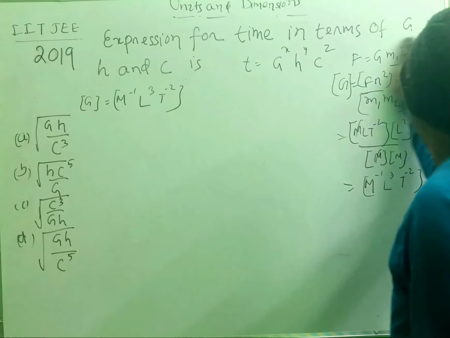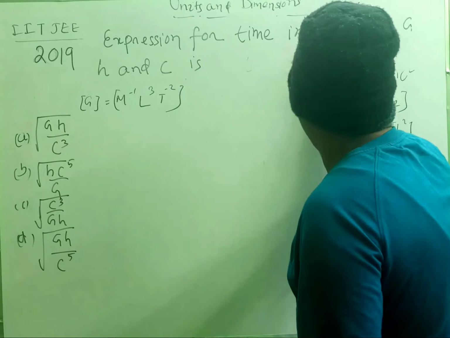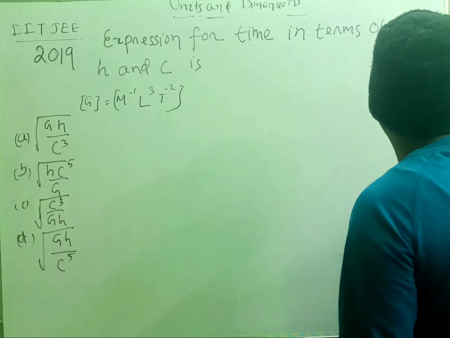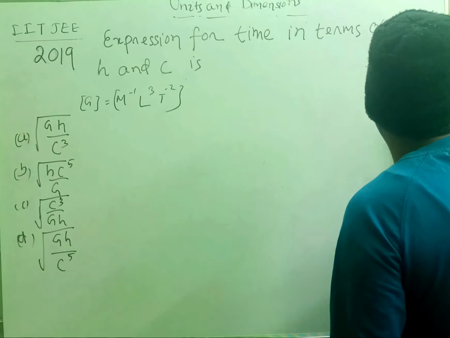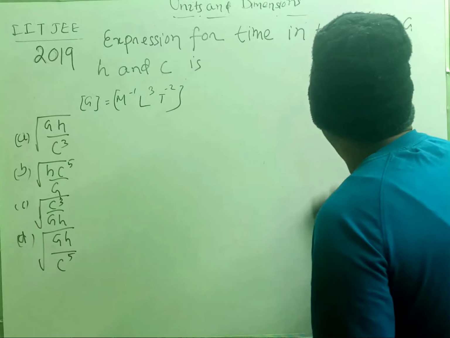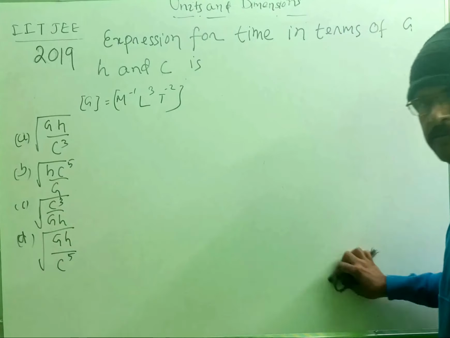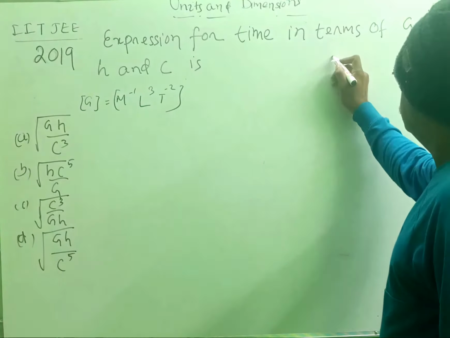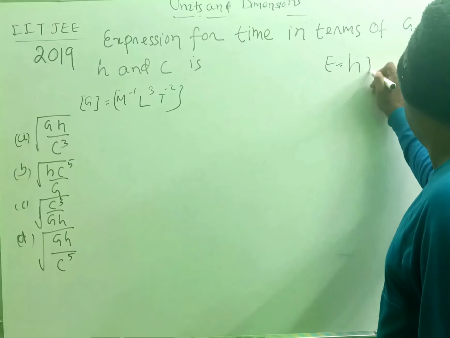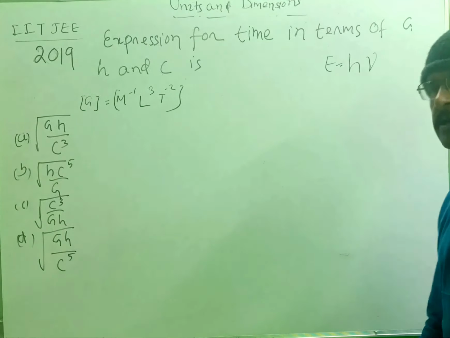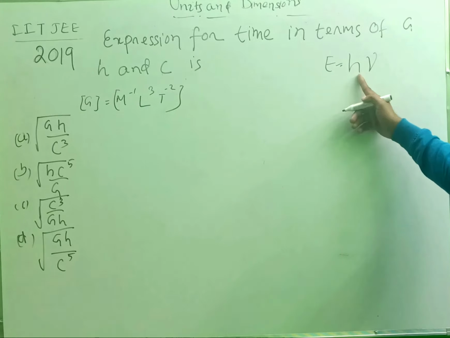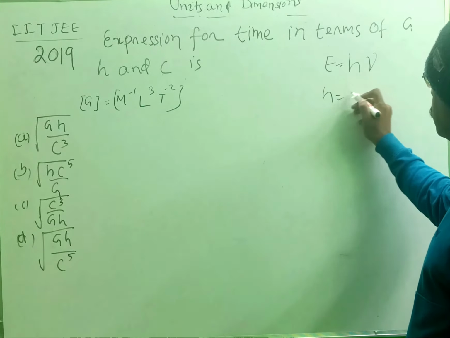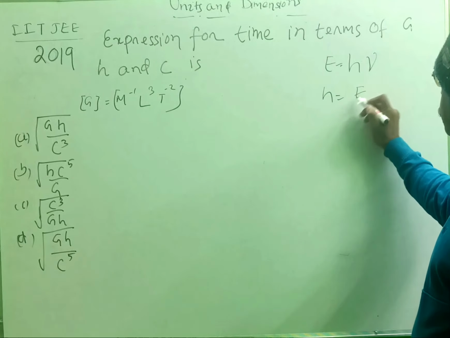We know from Max Planck's quantization hypothesis that the energy of every radiation is quantized, and the energy of the radiation is directly proportional to its frequency, and the relationship is given by E is equal to h nu, where E is the energy of the radiation, h is Planck's constant, nu is the frequency of the radiation. So, students, we get the formula for h as E by nu.